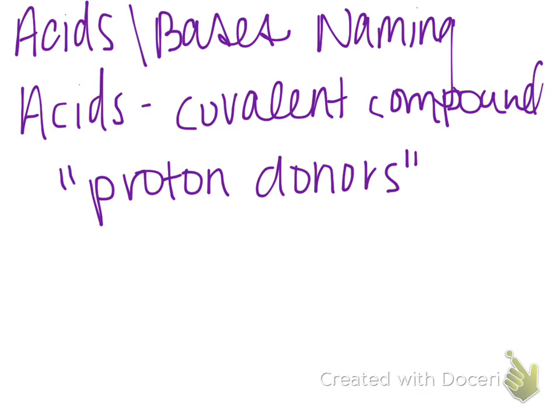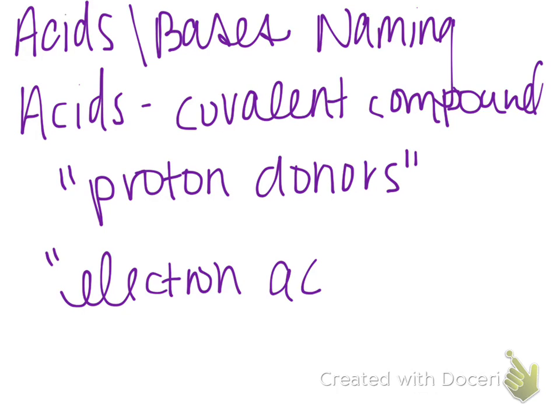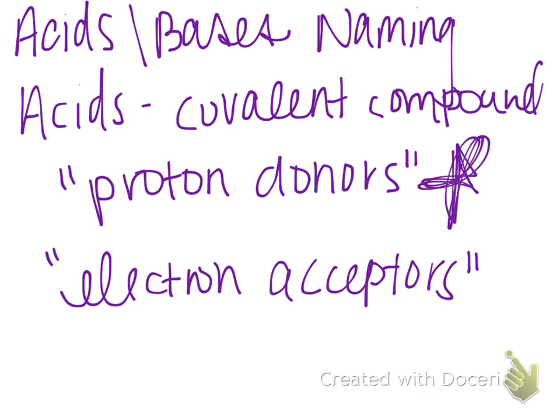Okay, they can be known as proton donors, or they could even be known as electron acceptors. Okay, but our definition makes more sense as proton donors. So I want you to be able to think of them as proton donors.